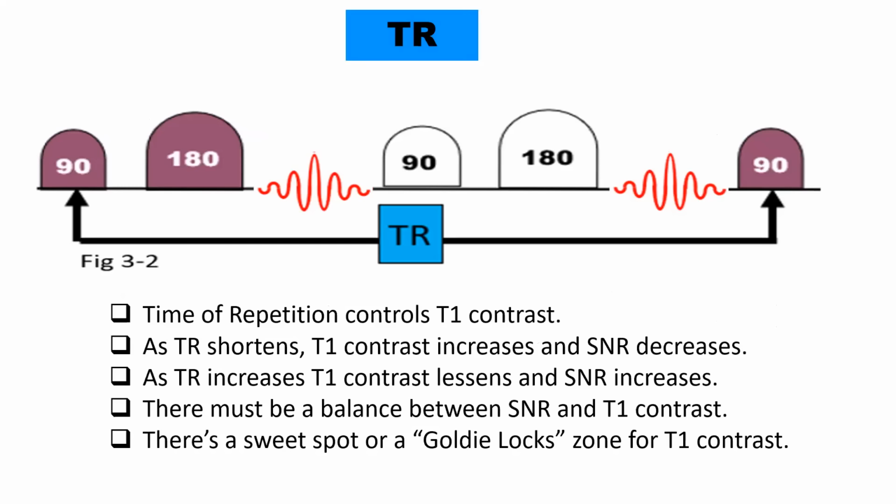For different scanners, there are different TRs that work best for T1. We have to find a balance between having good T1 contrast and having good signal to noise. If we go too short with our TR, we're going to lose signal to noise. So you want to be in the sweet spot, or the Goldilocks zone.